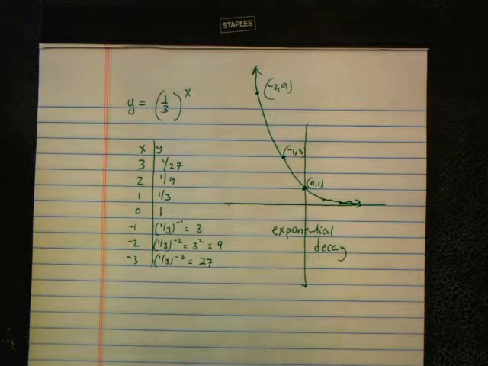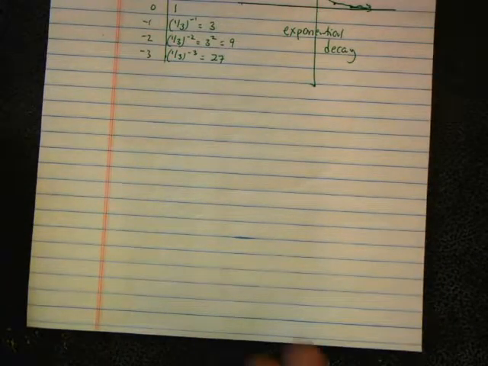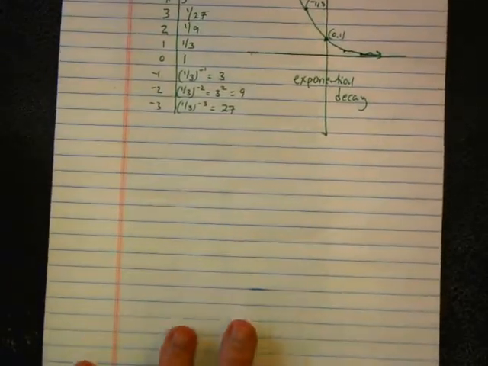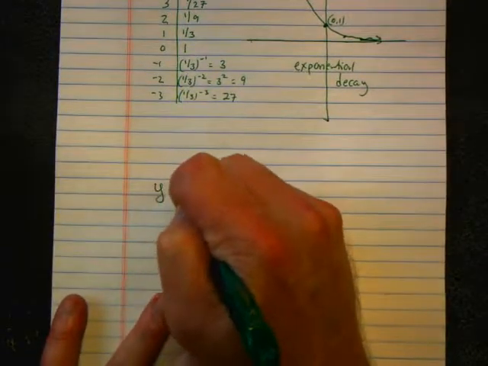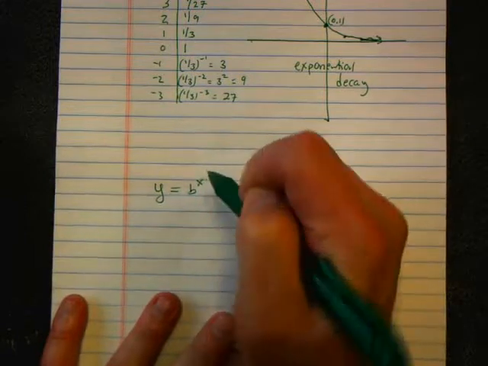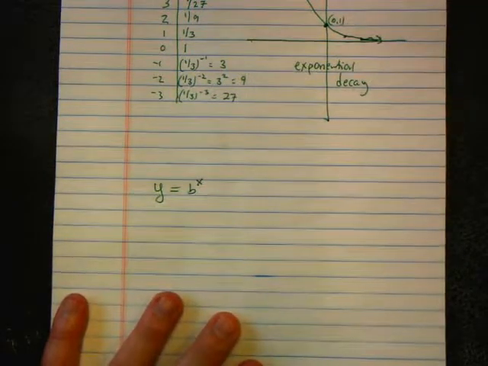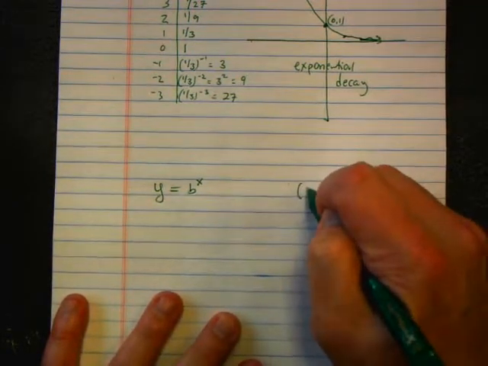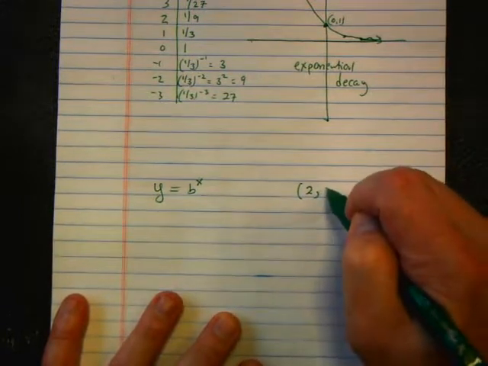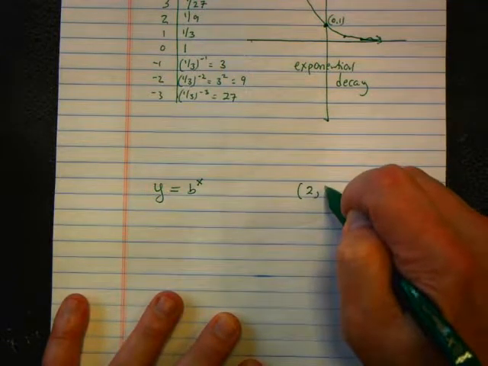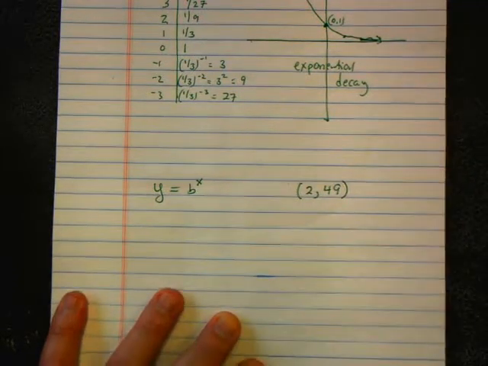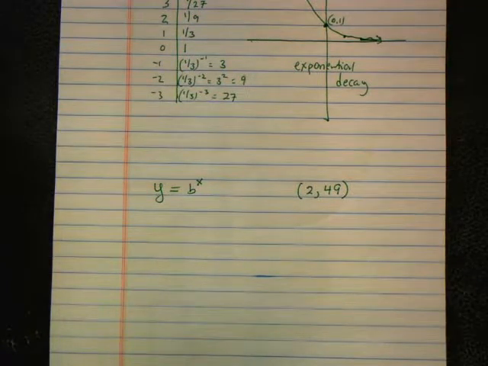All right. The last thing we have in this. Let's say we have an exponential function, y equals b to the x, and it passes through the point 2 comma 49.